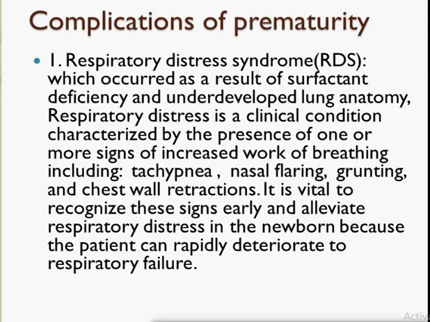Tachypnea, nasal flaring, of course any sign of respiratory difficulty in a premature baby we call RDS, occurring in early life, immediately after birth. Tachypnea, nasal flaring, grunting, chest wall retraction. It is vital to recognize these signs early and evaluate respiratory distress in the newborn because the patient can rapidly deteriorate to respiratory failure.